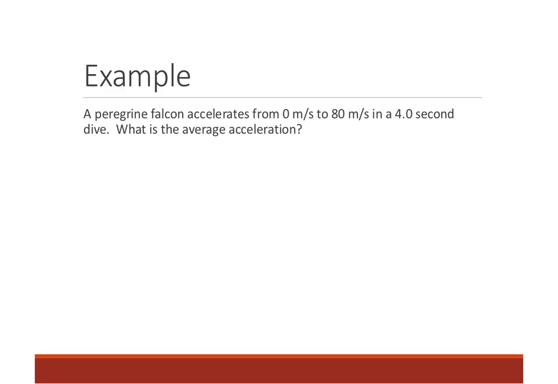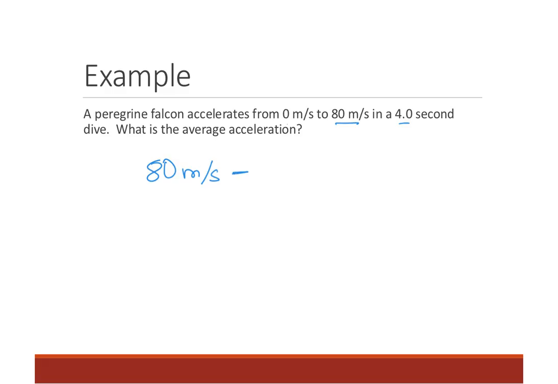Here's another example. A peregrine falcon accelerates from 0 meters per second to 80 meters per second in a 4-second interval. So what is the average acceleration? Again, we take our final velocity, 80 meters per second. We don't have a direction here, but we'll assume it's in some downward direction if it's in a dive.